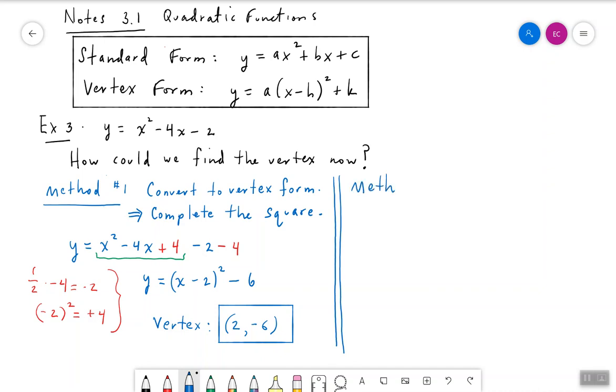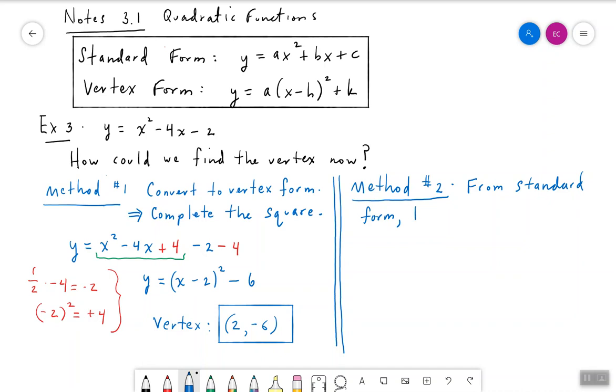I guess the second method is a little bit easier because it's just a formula. And if we can just remember the formula, then it's not too difficult to plug in. So the formula says that if we're given standard form, right, standard form is ax squared plus bx plus c.